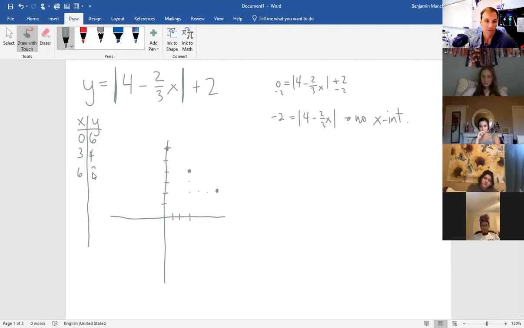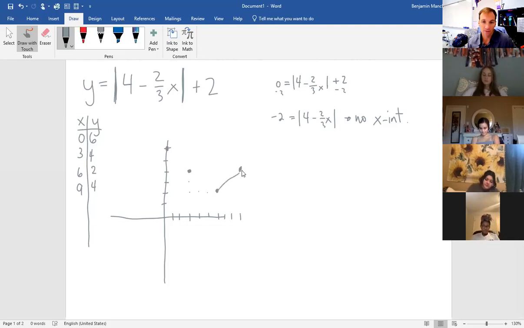So this is in fact 2. Let's see about 9. What happens when we plug in 9? 2/3 of 9 is 6. 4 minus 6 is negative 2, which becomes positive, so we're back up to 4.